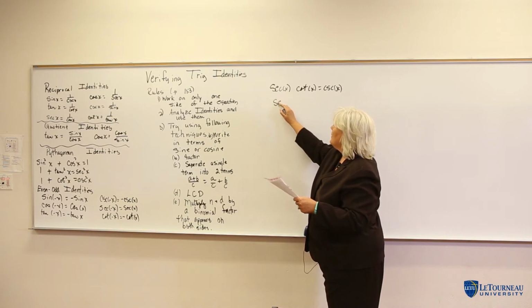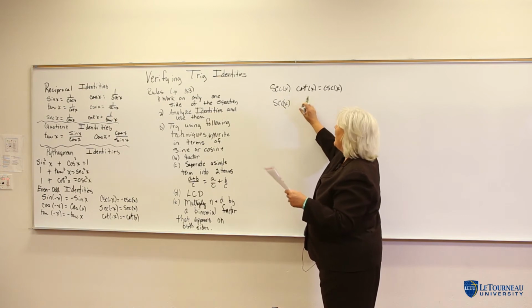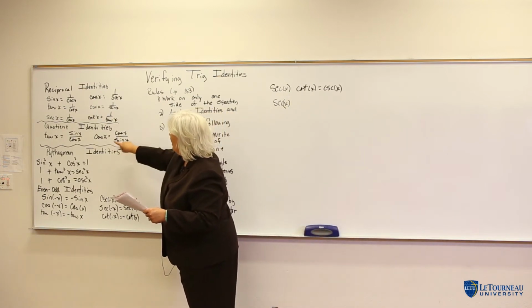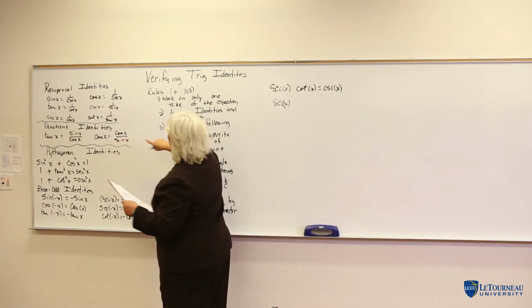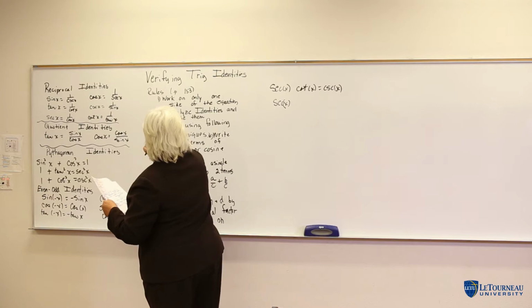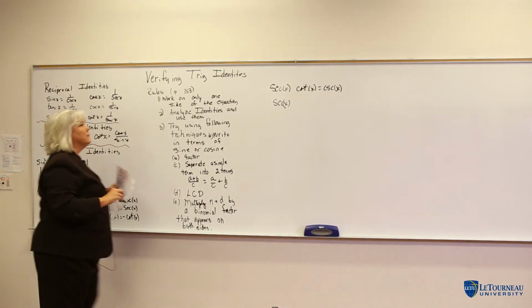I'm going to rewrite my secant x, but I'm going to change my cotan x to the quotient identity of... Where'd my cotan x go? This is supposed to be cotan right here. There you go.